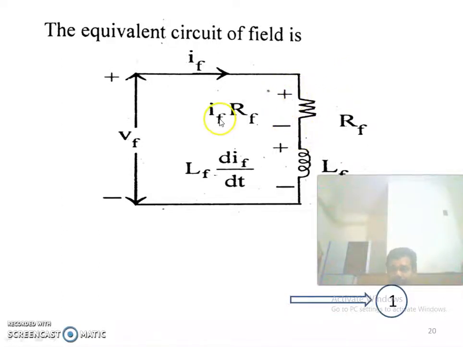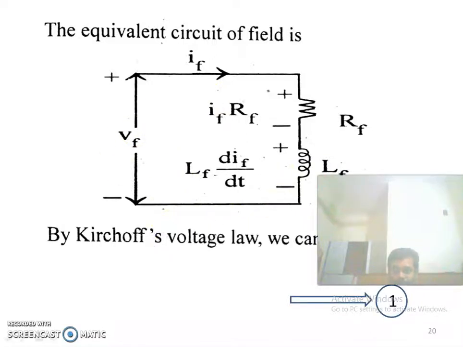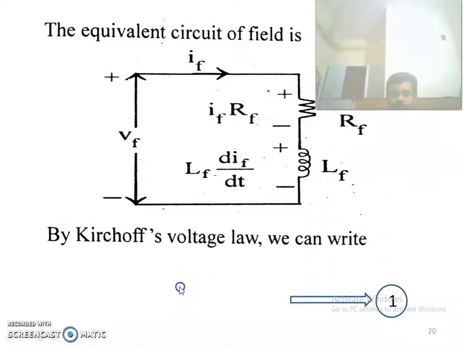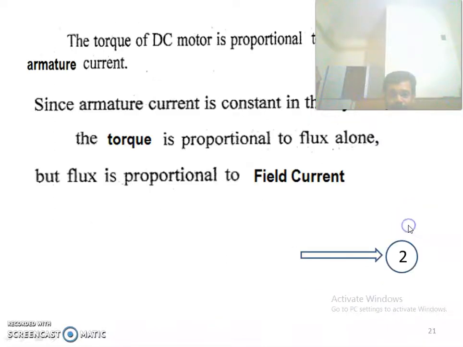So, we will be getting IF into RF plus LF into dIF by dt minus VF is equal to 0. Taking VF to the right hand side, we get RF into IF plus LF into dIF by dt is equal to VF.